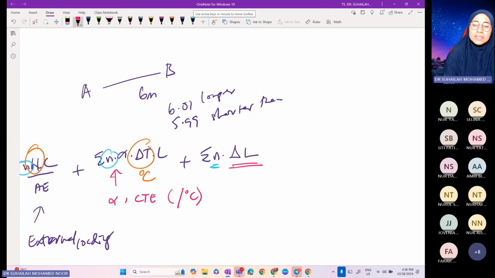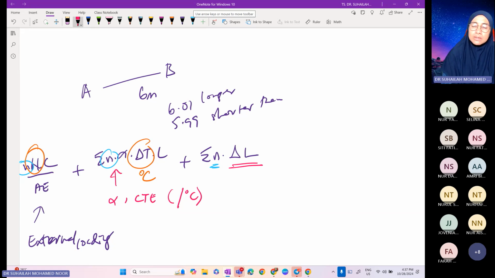It is delta L because it is the total. Sometimes the truss has many members, so in reality maybe more than one member gets affected. But for analysis calculations we will just consider one member, or maximum 2 members. But in reality many members may get affected.